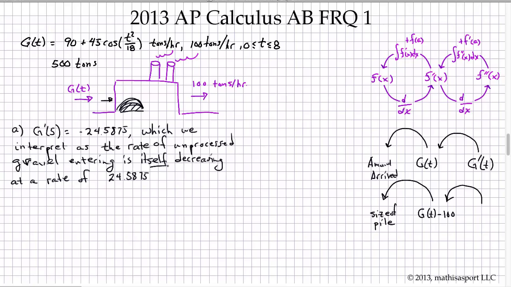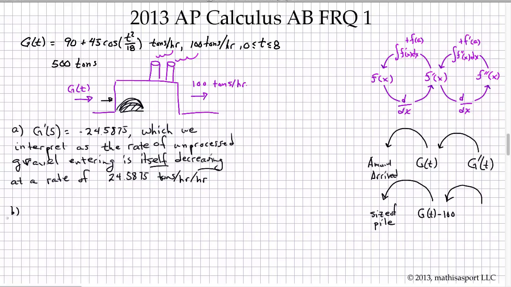I'm going to just emphasize that we're talking about the rate itself decreasing. Now the rate is in tons per hour, and so the rate that it's decreasing is in tons per hour, or tons per hour squared.